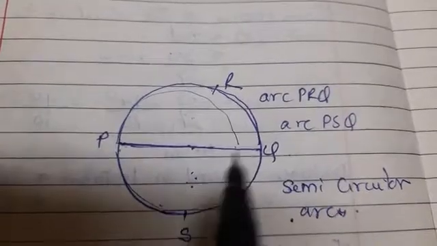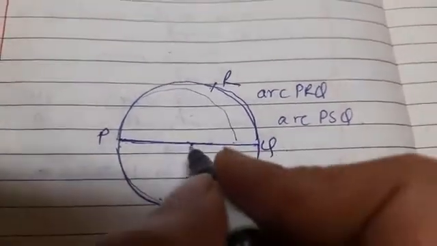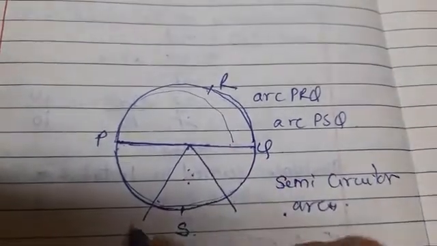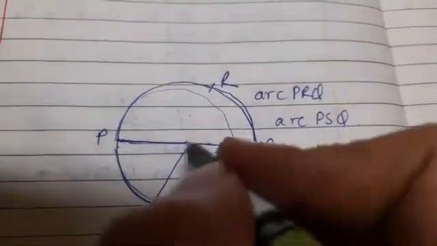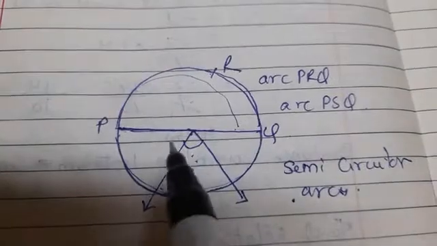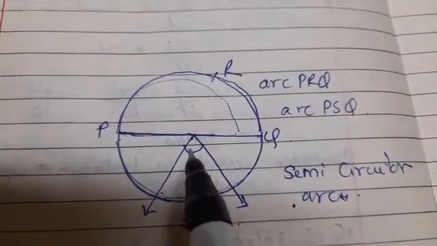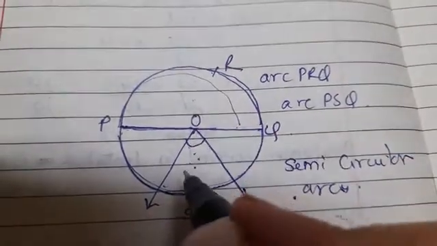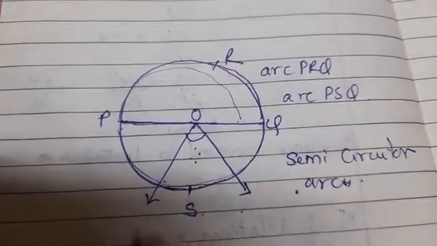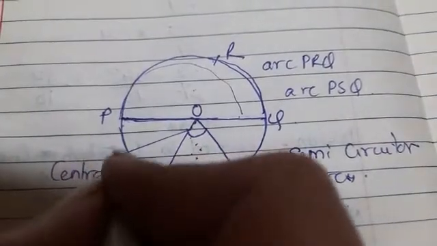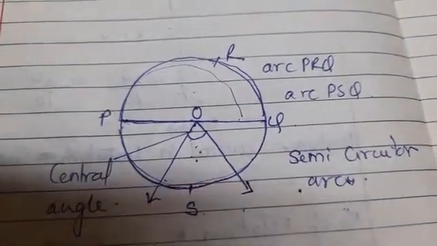Now, also if I extend a line like this and extend a line like this, I get an angle made here in the center O. This angle is called the central angle.